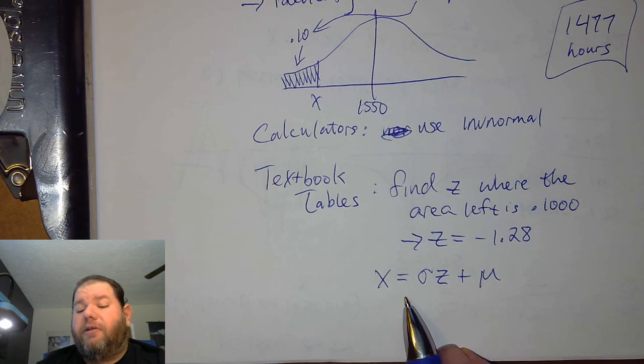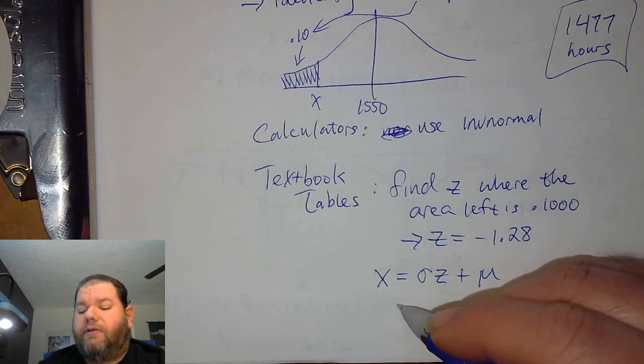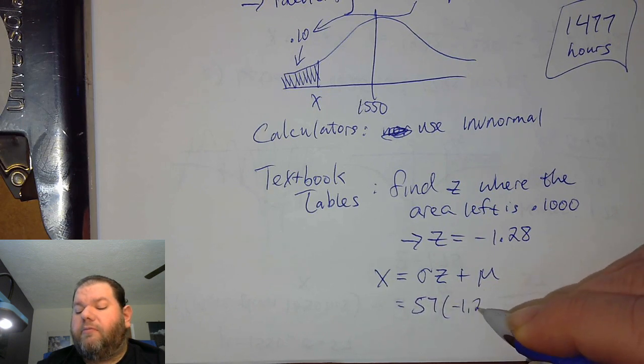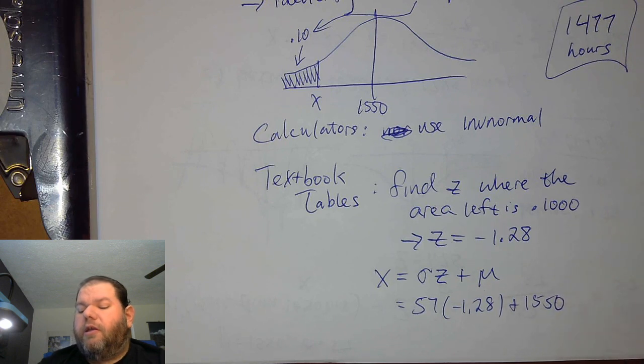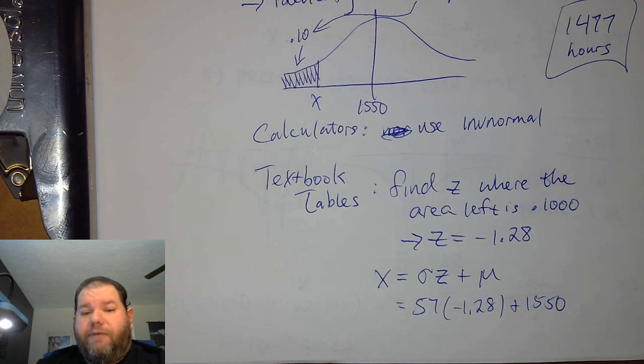Because this time, we're given the mean, 1550, and standard deviation 57, and we just found z was negative 1.28. So we can plug in all three of those values. I really recommend that you have a calculator for this stuff because the textbook's way harder.